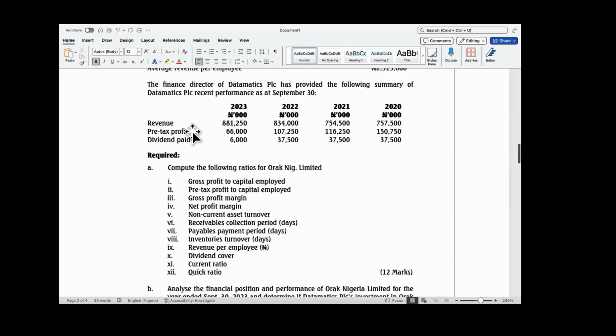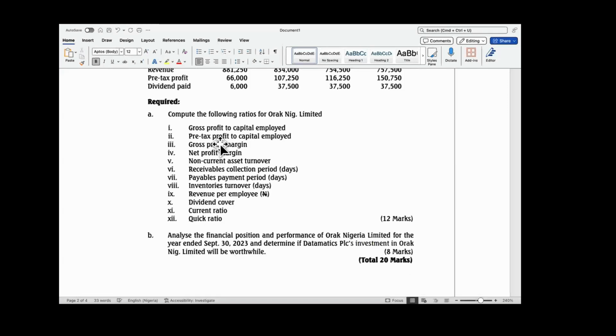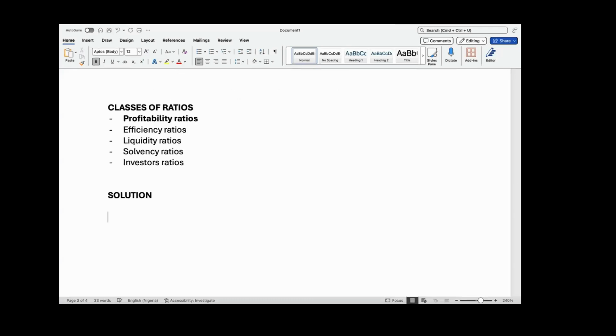The first ratio we're asked to compute is gross profit to capital employed. You see, the way this ratio is presented, we can easily get its formula from the way it's presented. Gross profits to total capital employed, or to capital employed.